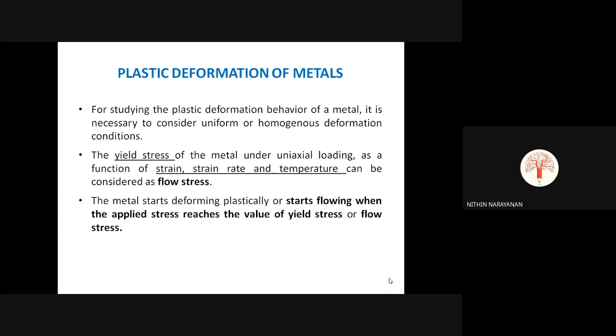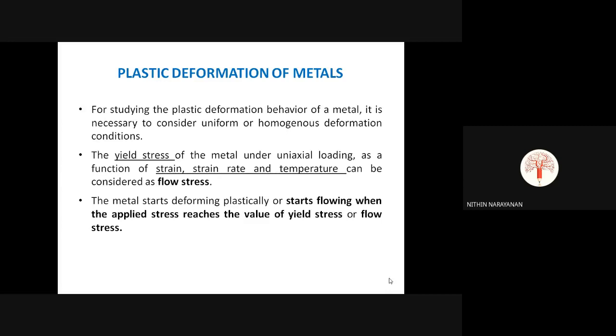If you apply a load beyond the elastic limit, even after removing the load it will not return to its original shape. So plastic deformation causes a permanent change in shape in the material. That part of the deformation, the plastic deformation, is usually called flow stress.